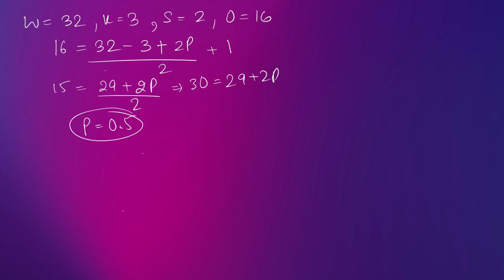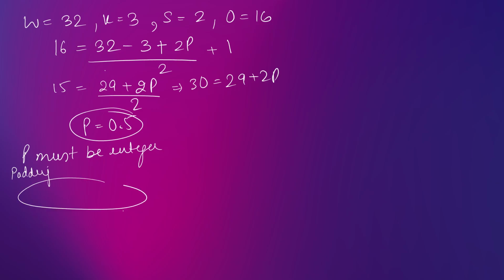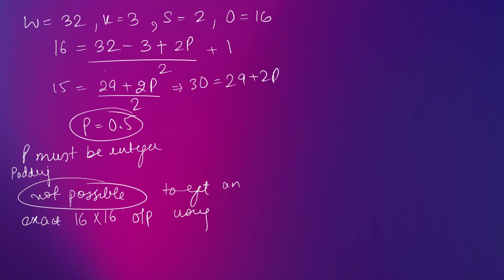Now since padding must be an integer, it is therefore not possible to get an exact 16 cross 16 output using symmetric padding.